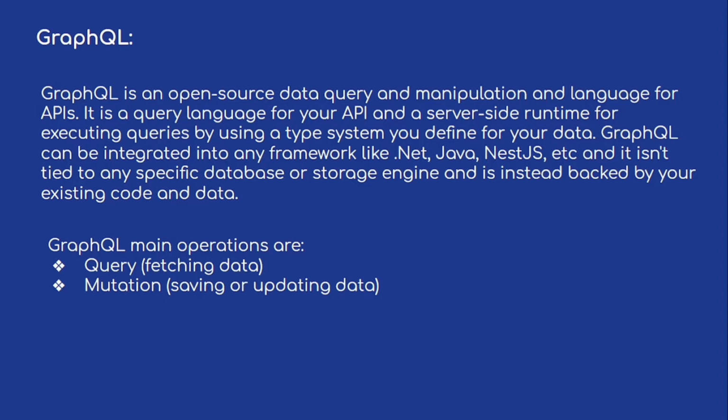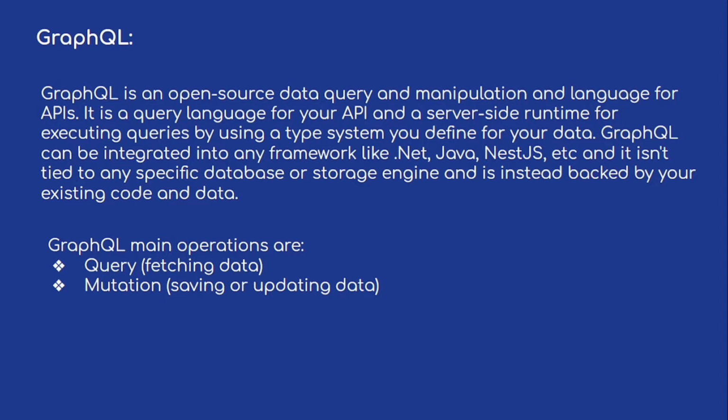Okay, so GraphQL can be integrated into any kind of application, like .NET, Java, or Node, etc. It isn't tied to any specific framework or database. Coming to GraphQL, its main operations are two: one is query and another is mutation.